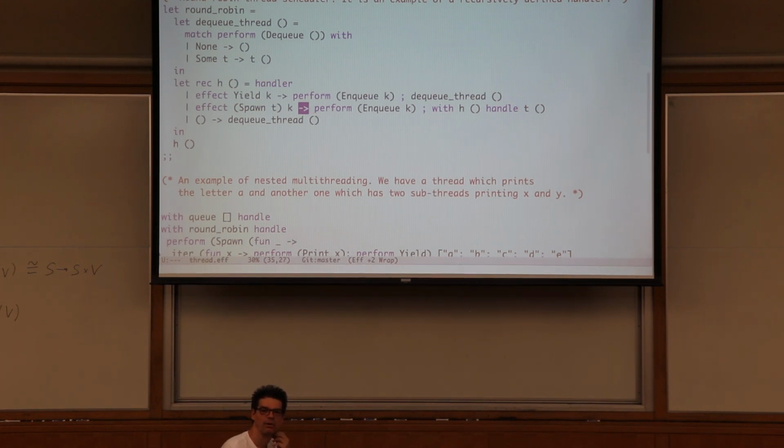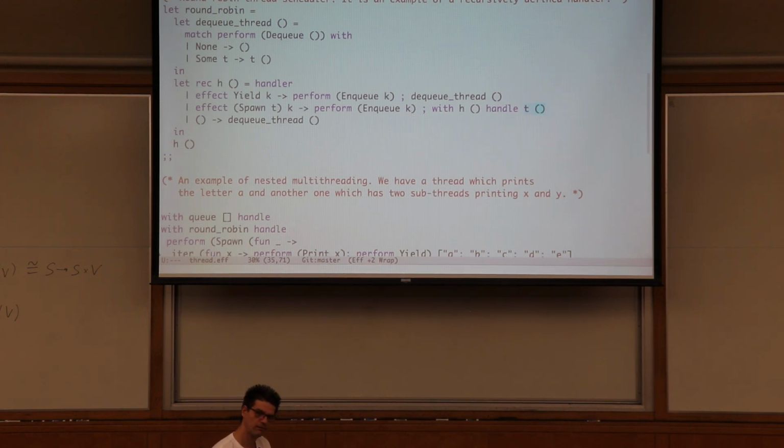The child or the parent? The child goes here. I am enqueuing kappa. So I'm enqueuing the rest of the process that is doing the spawn. I put that one on hold, and then I run T. But now here comes an important thing. This T is going to yield as well.